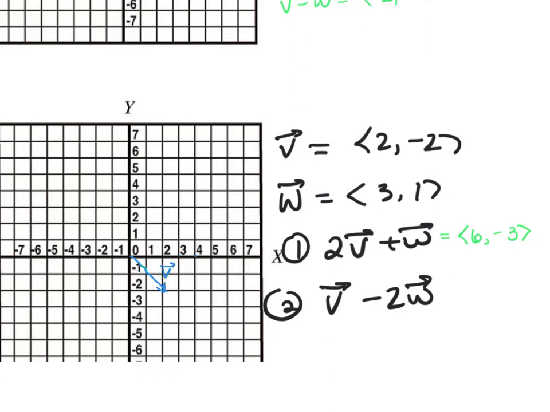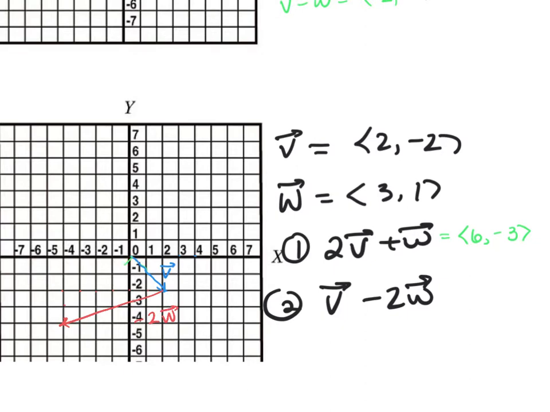Now I'm going to multiply my 3 times negative 2 and my 1 times negative 2. So from here, instead of going positive 3, I'm going to go negative 6. So I'm going to go back 6: 1, 2, 3, 4, 5, 6. So that's that part of it. And then I'm going to go down 2, 1, 2. So this represents the vector of negative 2w.